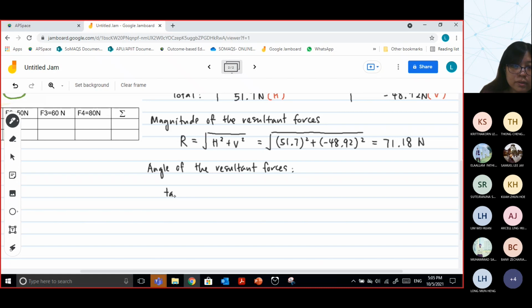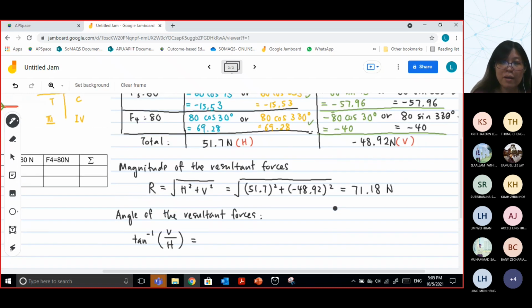So remember, arctangent of V over H. Here you have a negative and a positive, but as I say, I don't include the sign. So I have vertical 48.92 and horizontal 51.7. 48.92 divided by 51.7, then arctangent.